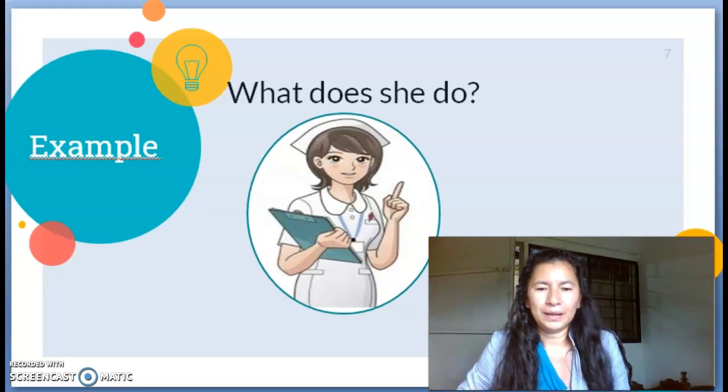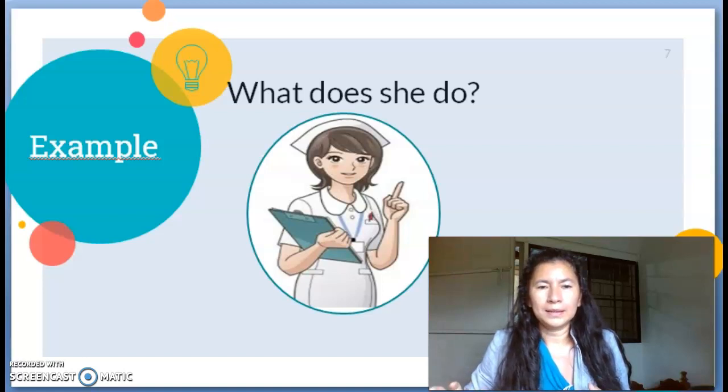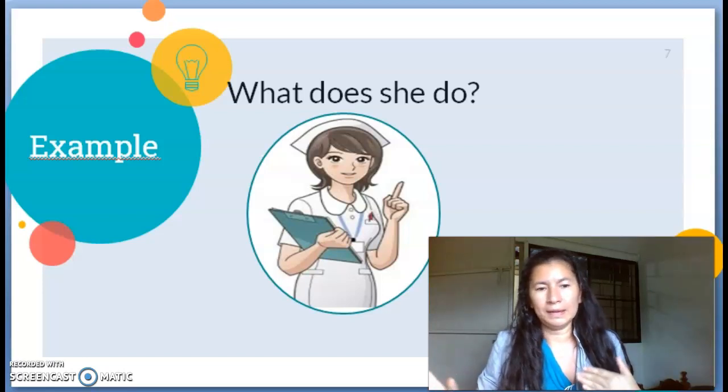When the activity has finished, the teacher asks some questions to the students and selects any student of the class and asks the next question.